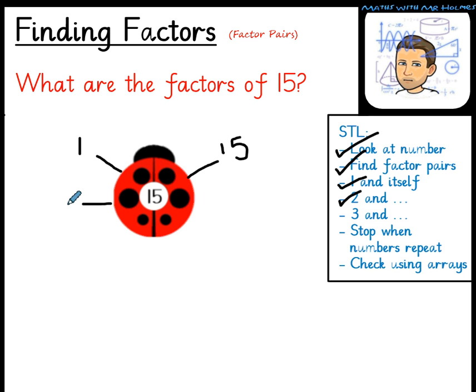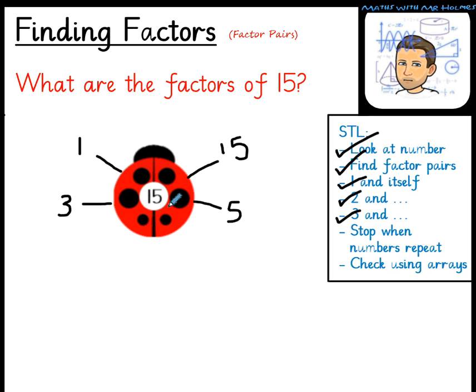Next we'll try 3. Again, you can use your times tables if you're not sure. Count up in threes. 3, 6, 9, 12, 15. Yep, 5 lots of 3. We'll go for 4.